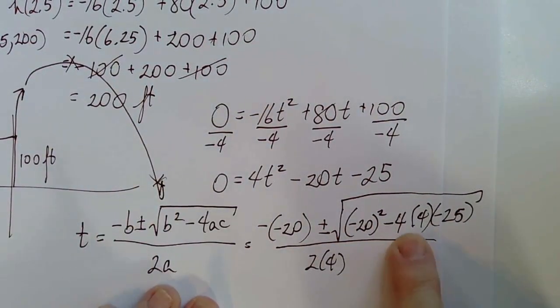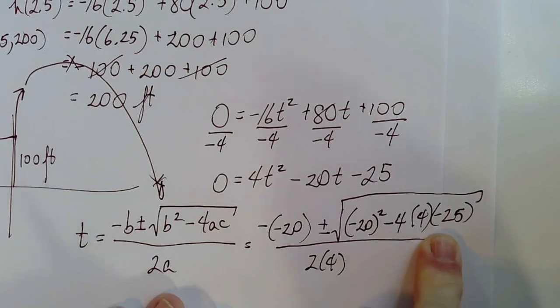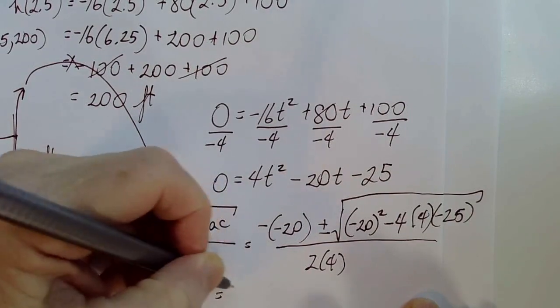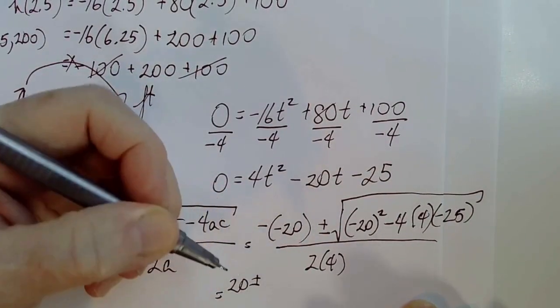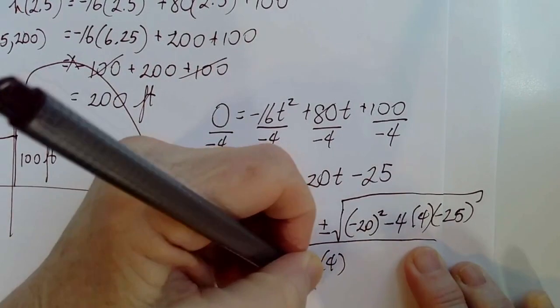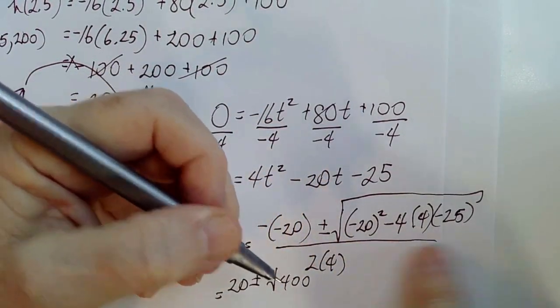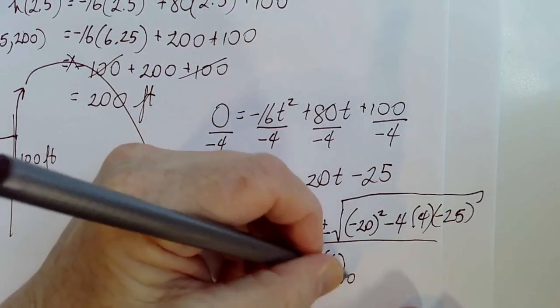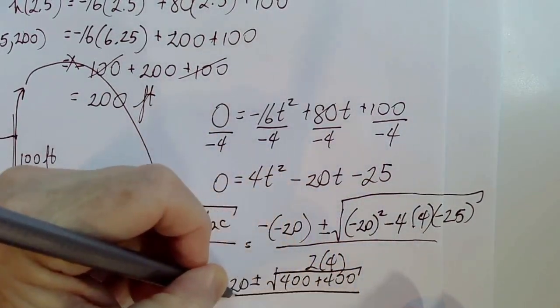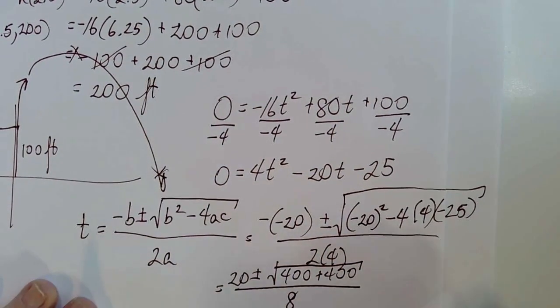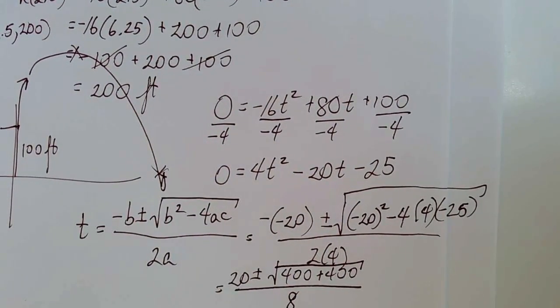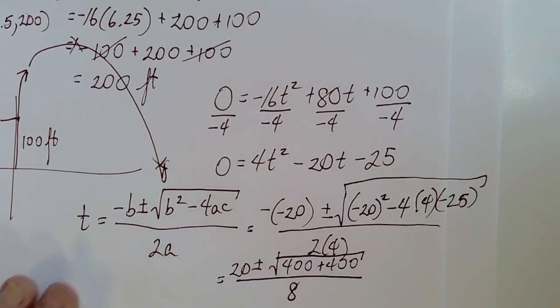Well, this is nice, because 4 times 25 is 100, times 4 is 400, and we're adding. So we've got positive 20 plus or minus the square root of 20 squared, which is 400, plus this amount here, 400, all over 8. So we've got common factors all over the place. That's interesting.